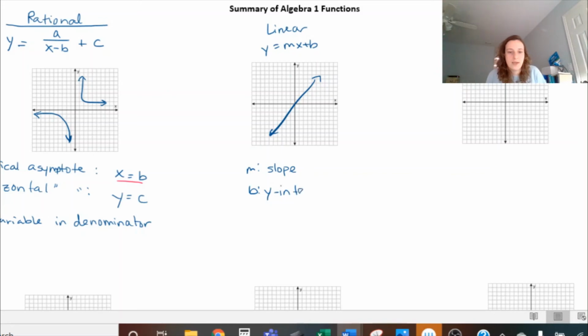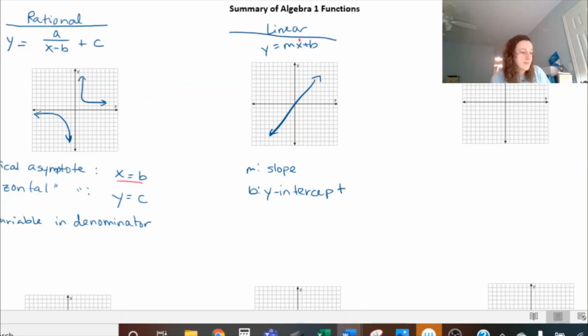Notice that the slope is always consistent. It's always increasing or it's always decreasing. And the key as well is that your exponent on your x is always going to be 1. You can only have your exponent be 1 in order for it to be a linear function.